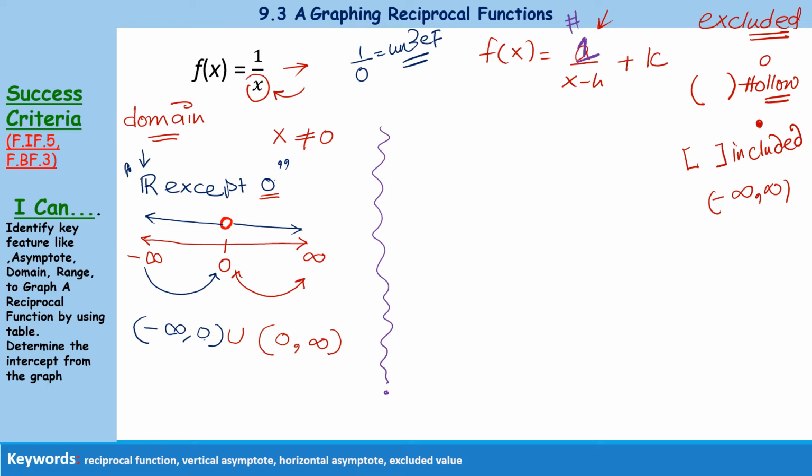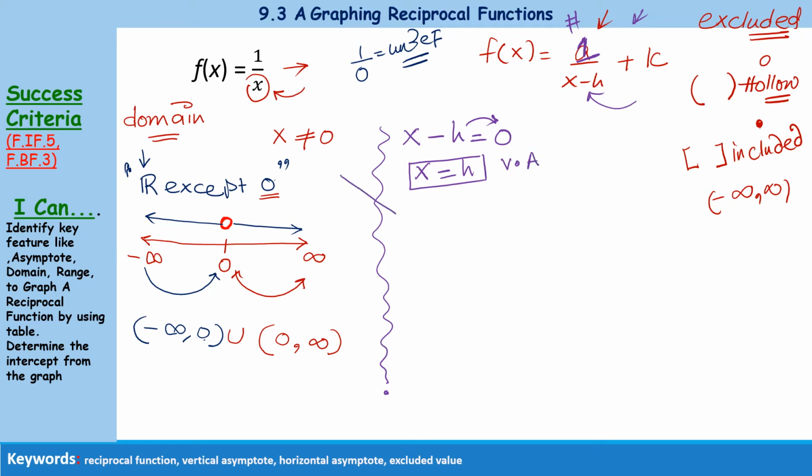In this case, your excluded value will also be known as the vertical asymptote. Whatever you get here, solve for x. So x minus h equals 0. Bring the h over, so x equals h. This h is your vertical asymptote.